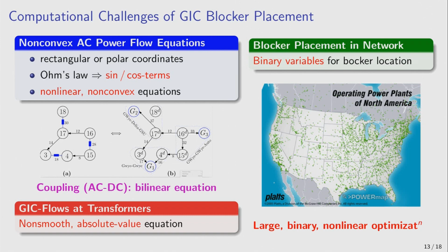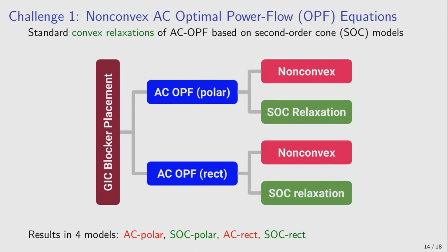You need to introduce transformers, which are non-smooth, so this is a very challenging optimization problem. You can look at different formulations: compare polar and rectangular formulations, and look at different relaxations for solving non-convex problems. If you solve relaxations, you might not get the correct answer. If you solve non-convex problems, you might not get the correct answer.